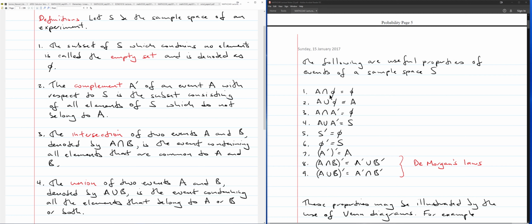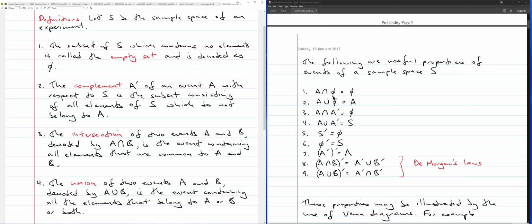And considering A intersect the empty set. Well, what is intersection? Intersection would be the event that contains all elements that are common to A and B. So if we consider the intersection of A with the empty set, you get a subset that consists of all elements in common with A and the empty set.